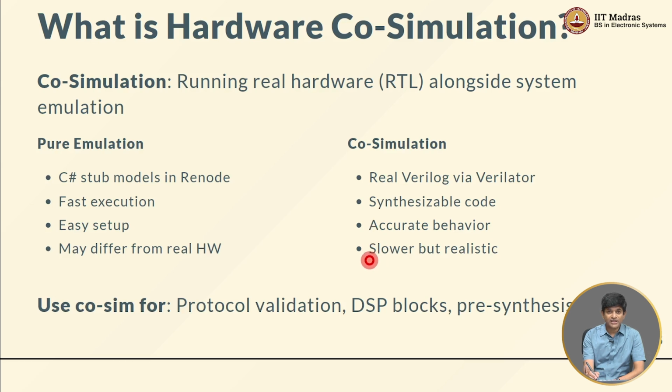So it naturally tends to be slower but is more realistic in general, right? And very often we do want to go for co-simulation before we actually go into hardware. Part of the reason is that we are now able to do a full system level emulation with the actual RTL that's going to run on the system, right? So there are a number of scenarios where that actually becomes quite useful to have.